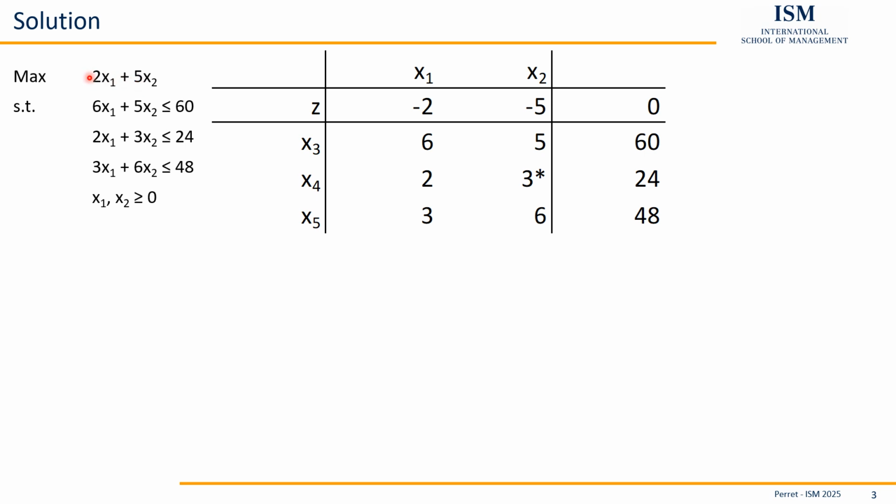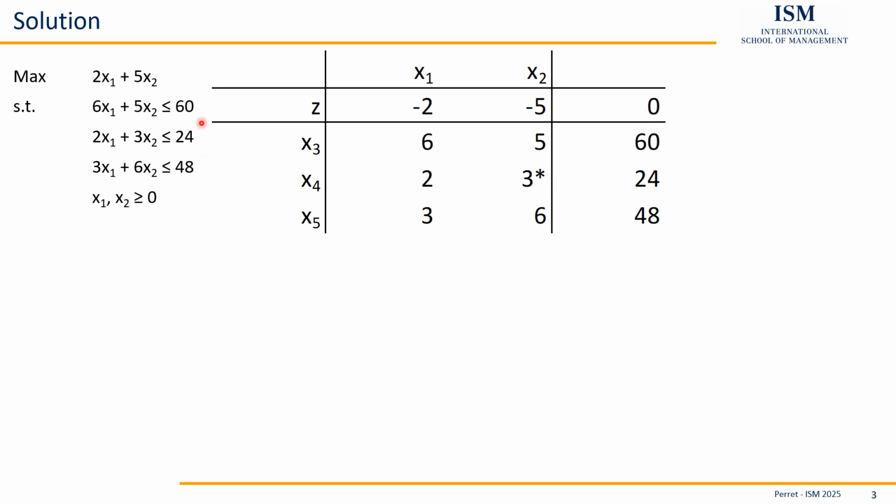So I'm going to switch from plus x1 to minus, from plus 5 to minus 5. I'm going to take these negative coefficients, put them here in the first row, and then I'm going to insert for x1 and x2 0, giving me a value of 0 for the objective function.